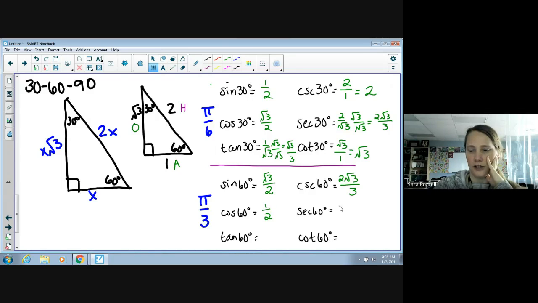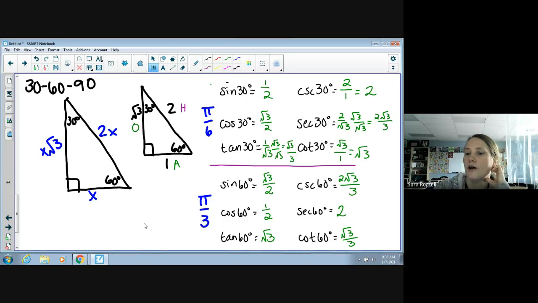Flip that over and you get 2. Tangent is opposite over adjacent, which would just be the √3 over 1, or √3. And adjacent over opposite was the 1 over √3, and we already rationalized that up here, which is √3 over 3.